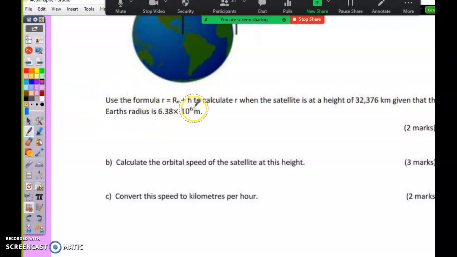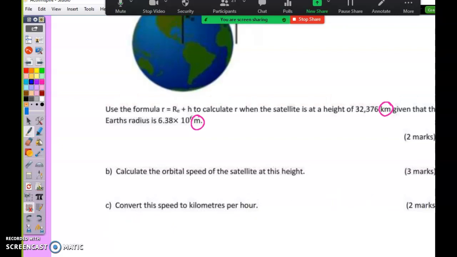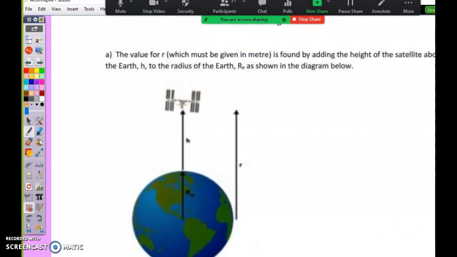First thing I'm going to point out here are our units. The units don't match here. Before we find r, we want our units to match. Most of the time I would say to you, it doesn't matter whether you pick metres or kilometres. But for part A, it says the value for r must be given in metres. So if you work it out in kilometres, you then need to convert it again.